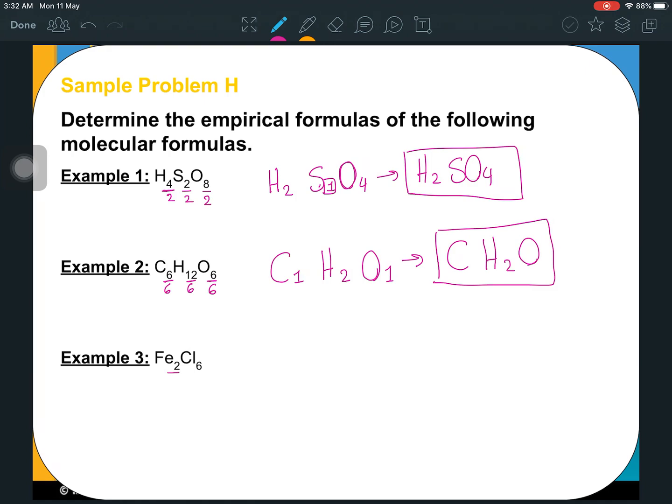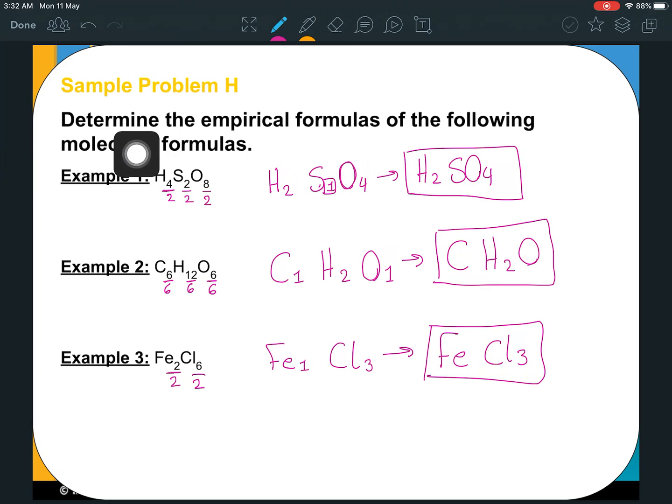So let's try to divide each one of them by 2 and see what happens there. So Fe1, because 2 divided by 2 is 1, Cl3, because 6 divided by 2 is 3. This will end up giving me FeCl3. That's its empirical formula and pretty much the best way to represent an ionic compound.